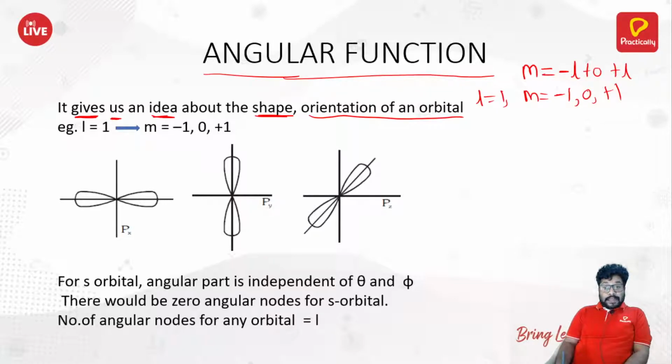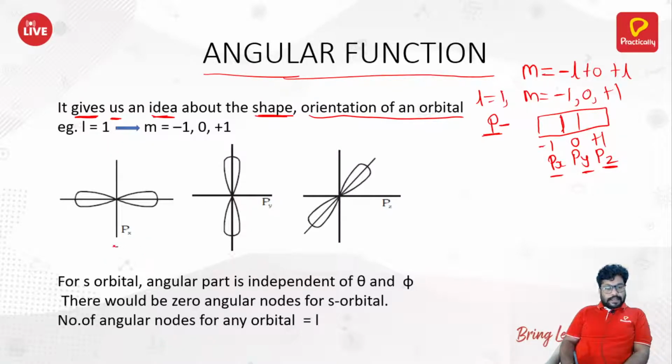And if L is 1, the orbital is p. That is why the p orbital has these three values, minus 1, 0, and plus 1. That is why p exists in three orbitals, or you can name them px, py, and pz.